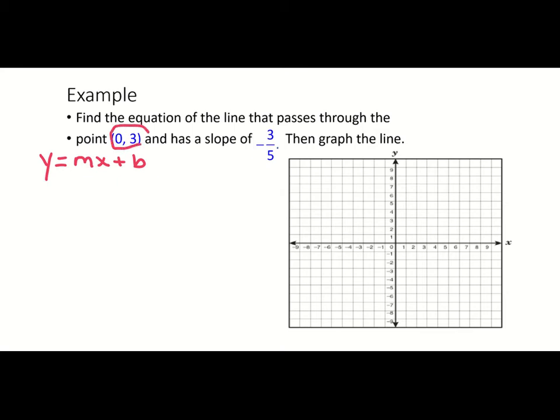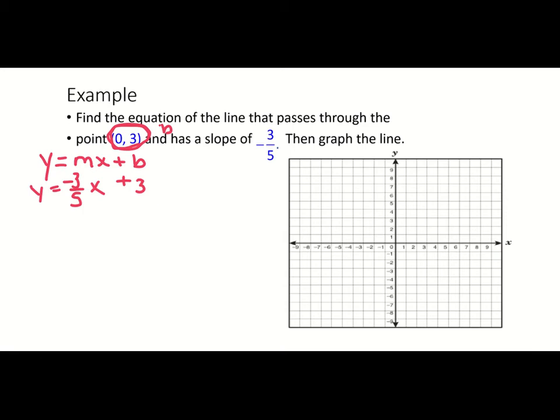If you look at that point, because there's a 0 in the x part and a 3 in the y part, that makes this my b, or my y-intercept. So for b, I'm going to plug in 3. I know my slope is -3/5, so I'm going to plug that in for the slope, put my x there and my y, and there's the equation of our line. That one was nice and super easy.